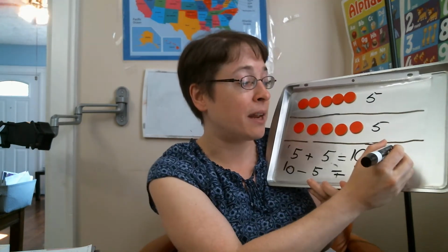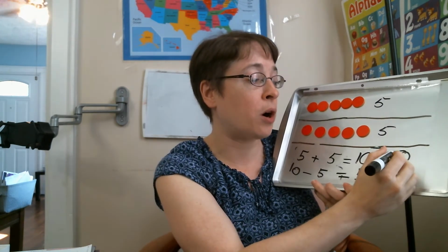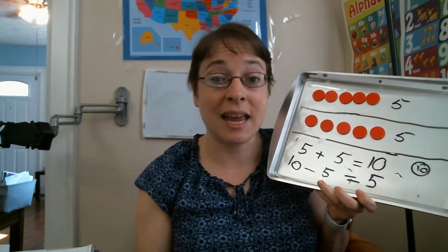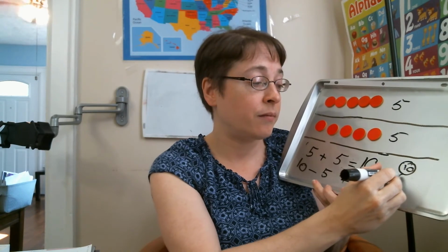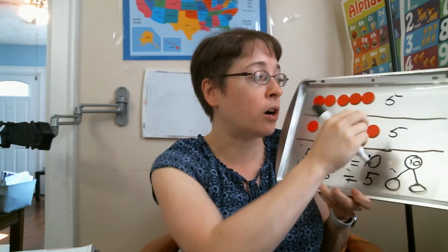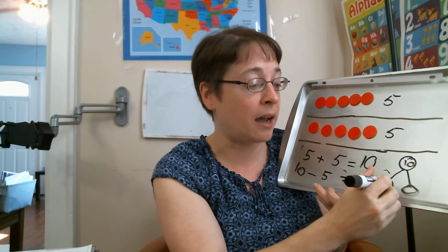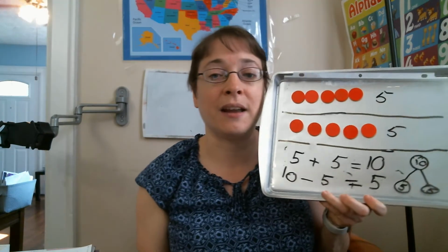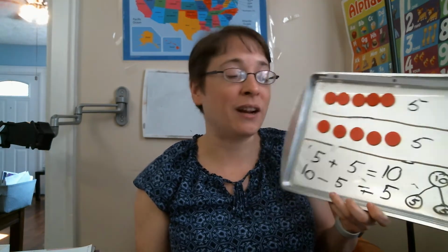And then let's make our number bond to show the parts and the whole. The whole is 10. And the parts are 5 and 5. Very good.